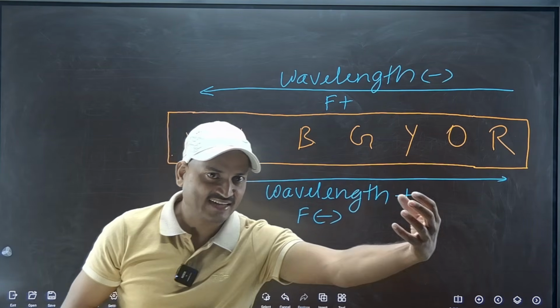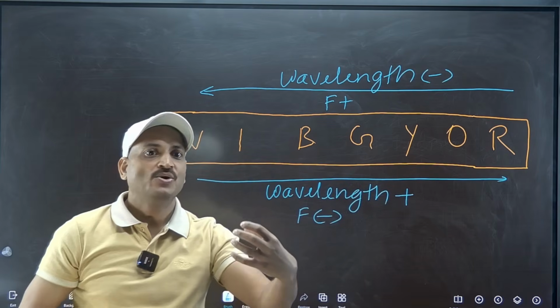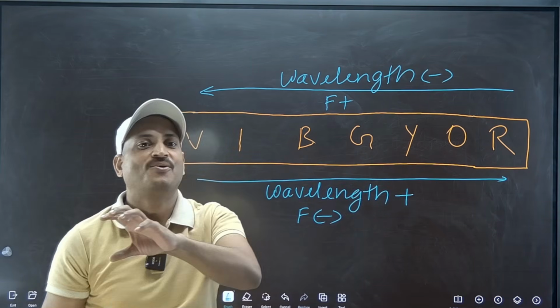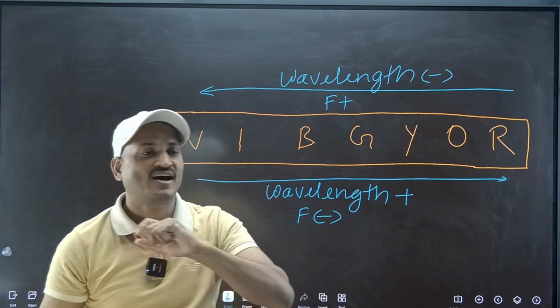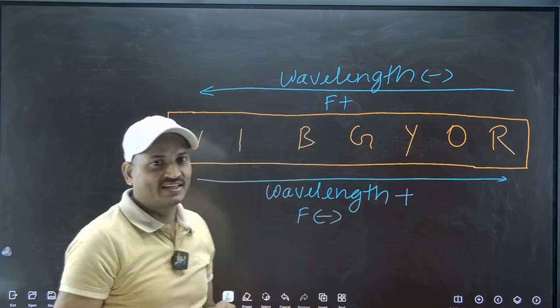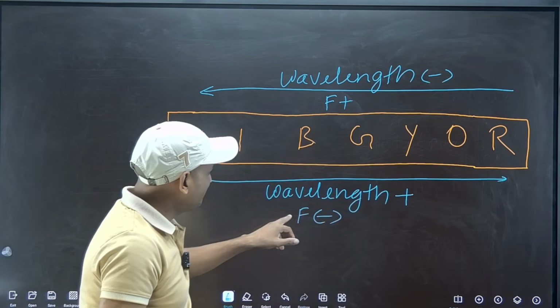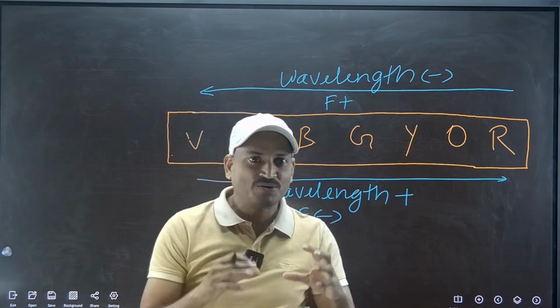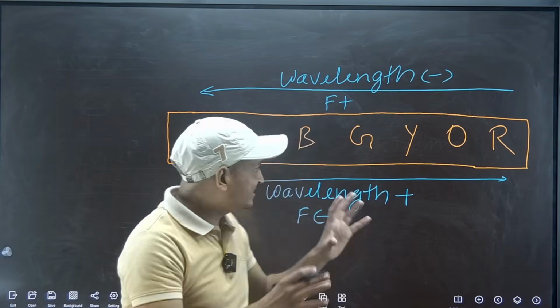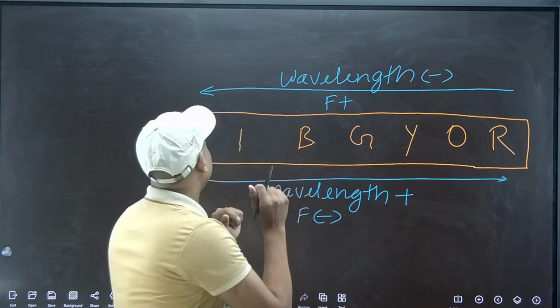जैसे जैसे ट्रेन का हॉर्न हमारे नज़दीक आता जाएगा, उसका साउंड हाई पिच होता चला जाएगा। और जब वो हमसे दूर जा रहा होगा, तो उसकी वेवलेंथ बढ़ती जा रही होगी, फ्रीक्वेंसी घटती जा रही होगी, और जो साउंड है वो लो पिच होता चला जाएगा। So this is the concept of the Doppler effect.